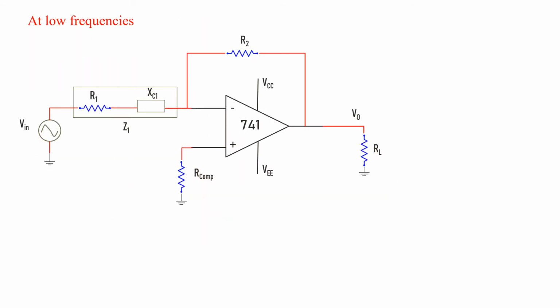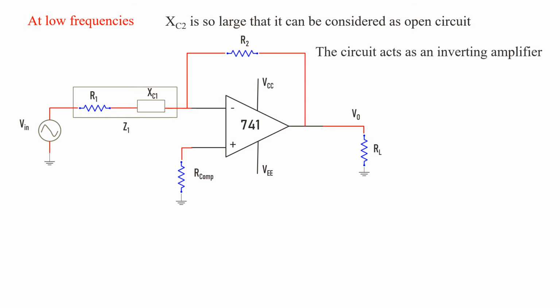Seeing the circuit diagram at low frequencies, as stated earlier, the capacitive reactance Xc2 is so large that it can be considered an open circuit, and it is not present in the feedback path. Now this circuit is acting as an inverting amplifier. On the input side, there is an impedance Z1, which is R1 minus j Xc1, since it is a capacitive reactance.